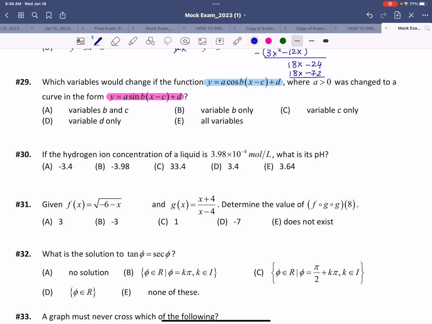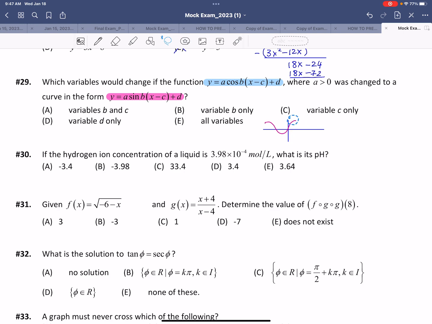The reason why is because a sine and a cosine function would differ by a phase shift of pi over 2. For example, if we have a cosine curve, if we translated this curve to the right pi over 2, or to the left pi over 2, we get negative sine, right?